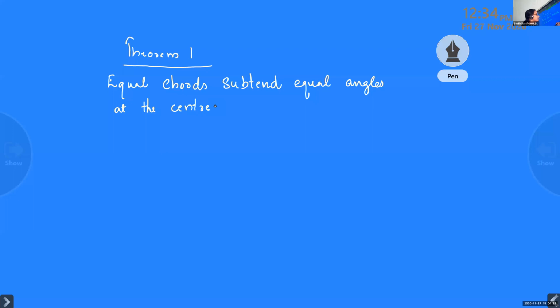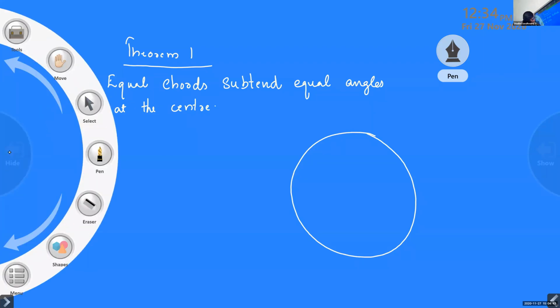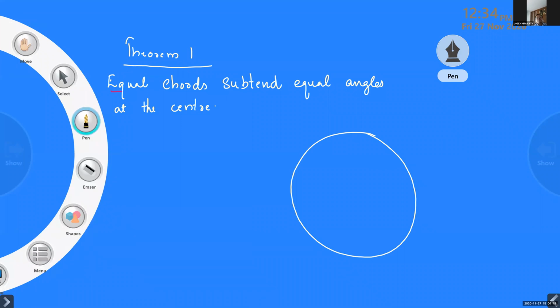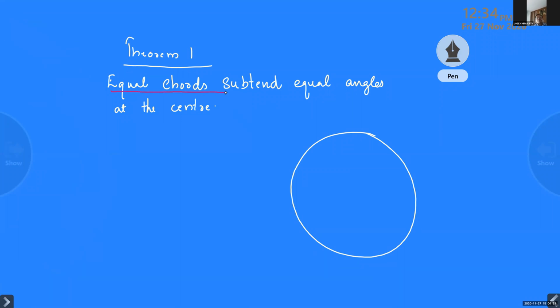So, you understood that there is a circle and there are some chords. Let us draw one circle. And look here: equal chords. Have you seen that sentence? So you know something.